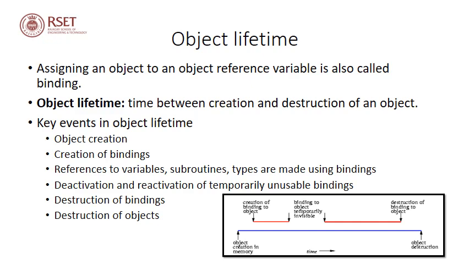That is, you can create object references, and using these object references we can directly access the class variables as well as methods. Then deactivation and reactivation of temporarily unusable bindings, because as we have seen in the previous slide, sometimes the scope of an object reference will be hidden within an inner block. Then destruction of bindings and destruction of objects.